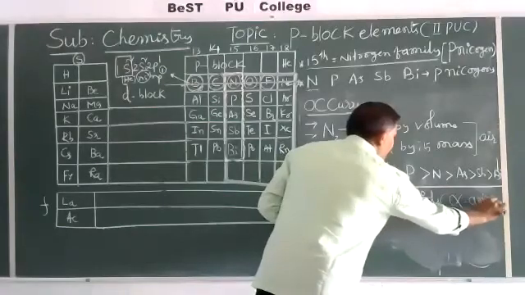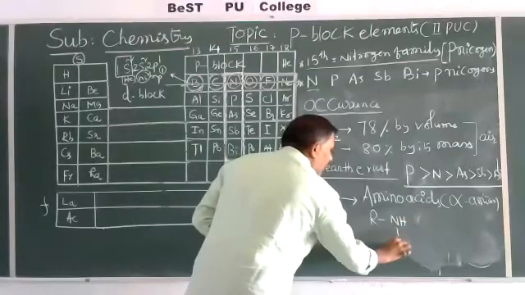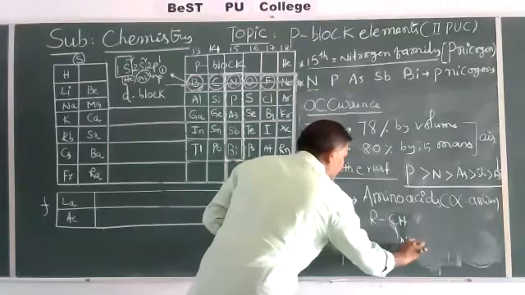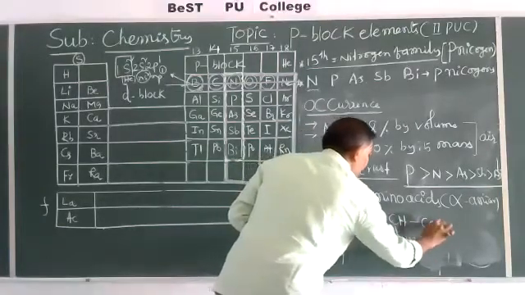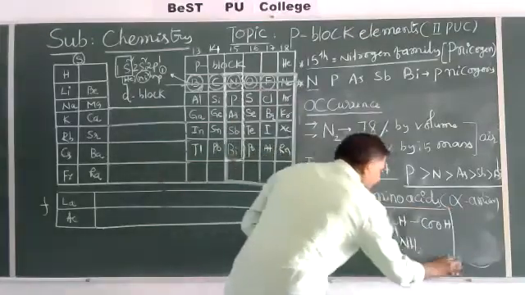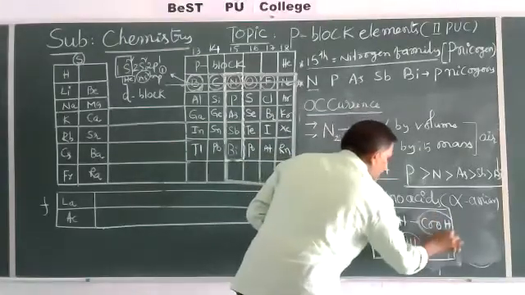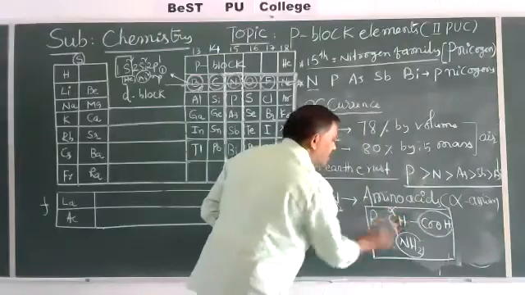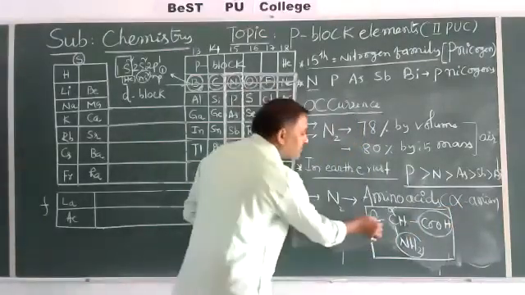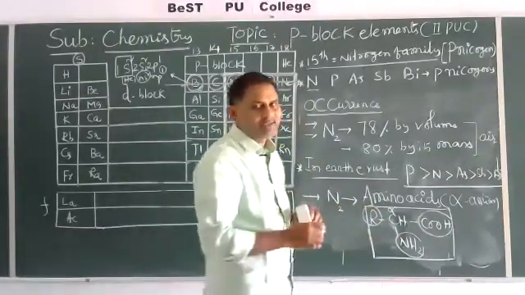The general formula of these alpha amino acids is R-CH(NH2)-COOH. So in these amino acids, the amino group is there and the carboxylic group is there at the alpha position. That's why they are alpha amino acids. When your R value, the alkyl group, changes, you get the 20 amino acids.